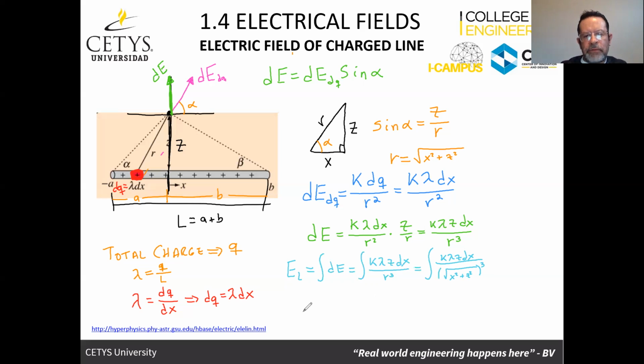And so if we bring everything out, E line is going to be K lambda Z times the integral of dx divided by the square root of x squared plus z squared elevated to the 3.